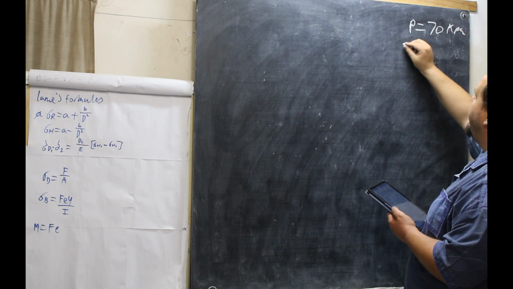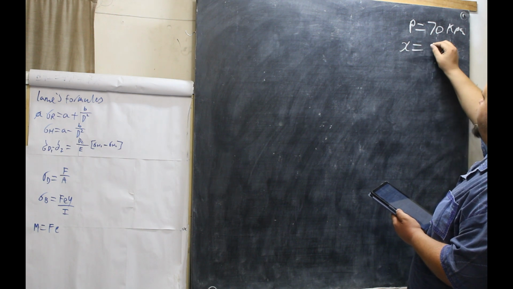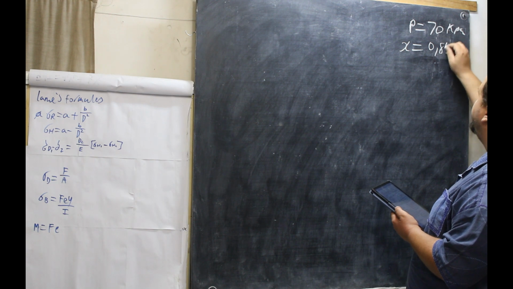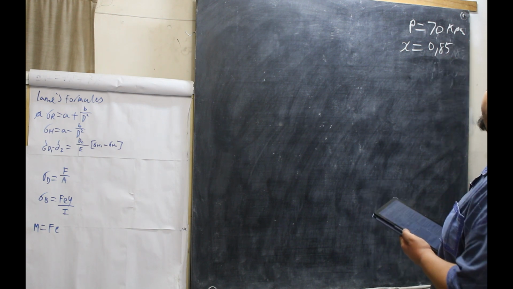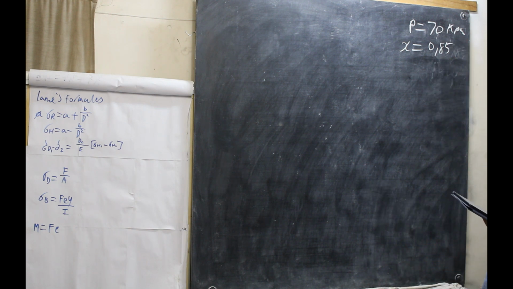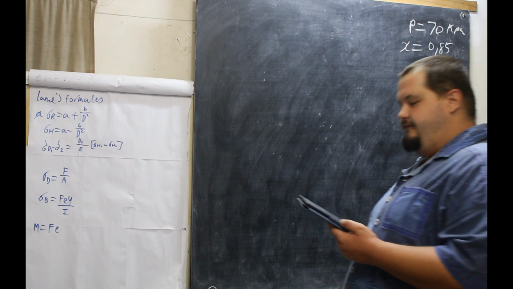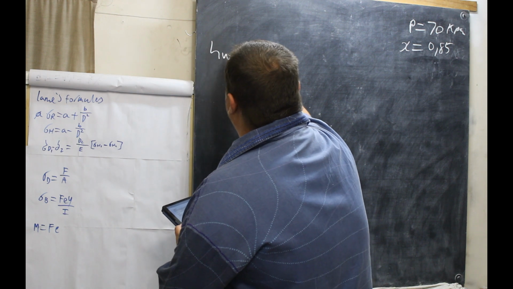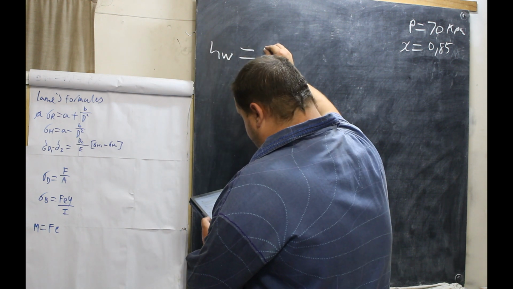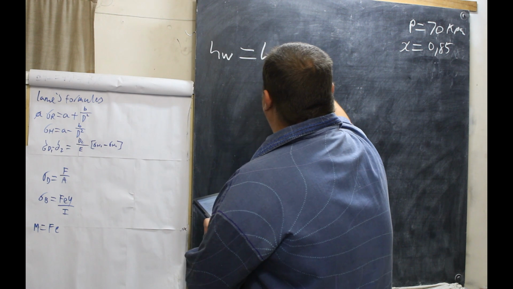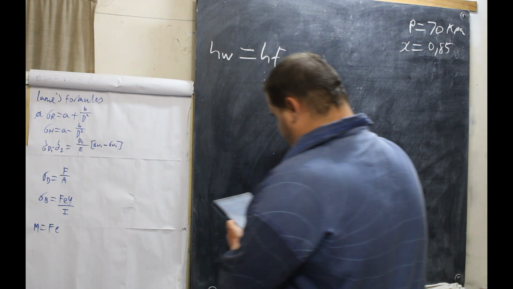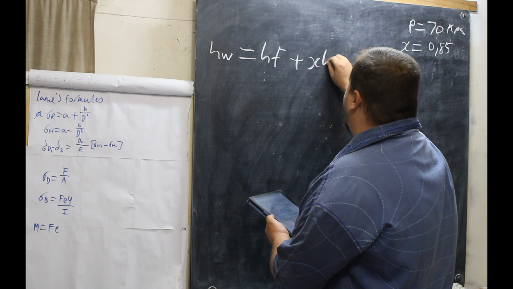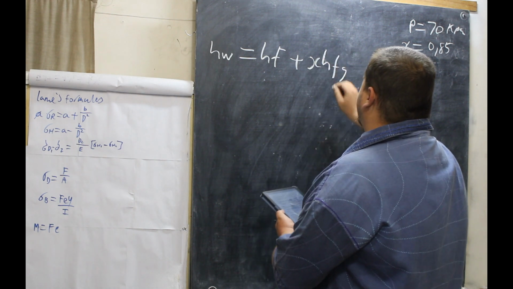We have our X, which is our dryness fraction, which is 0,85. That's all the information we are given from our question. So, what we need from our steam table, according to this formula, is Hw is equal to Hf plus X Hfg.